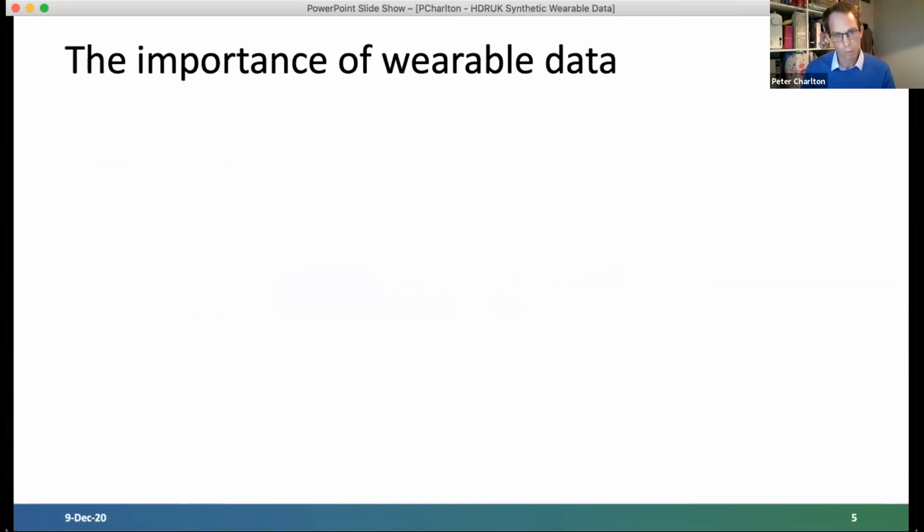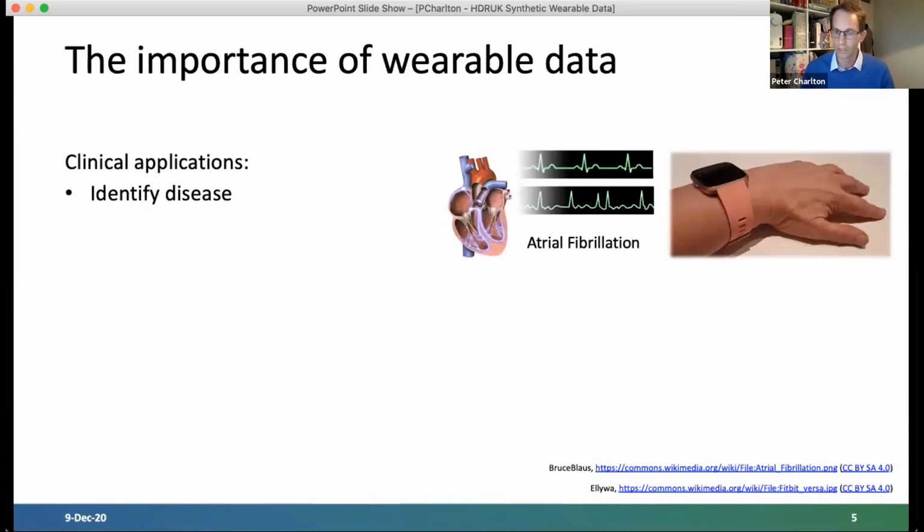I think the importance of wearable data came home to me about this time last year when the Apple Heart study was published in the New England Journal of Medicine, and it appeared as though the Apple Watch could be a very helpful tool for identifying atrial fibrillation in daily life. Atrial fibrillation is a common heart arrhythmia, which is responsible for increasing the risk of stroke by 5-fold.